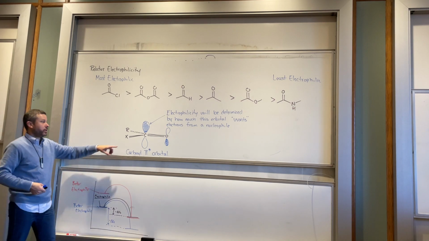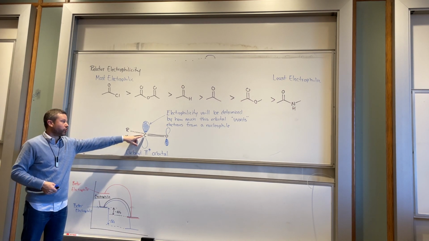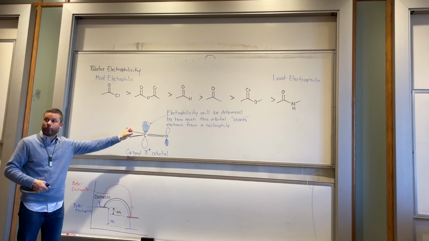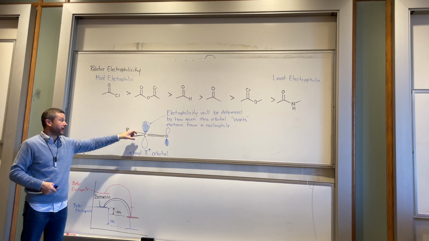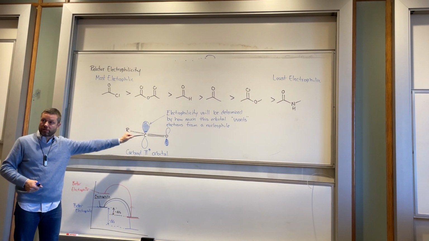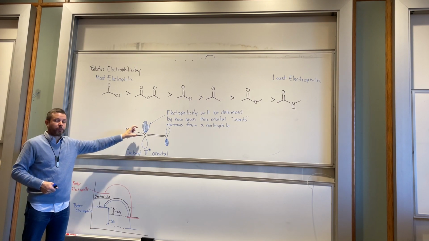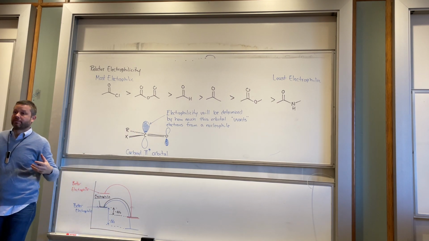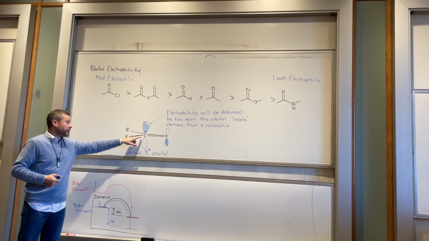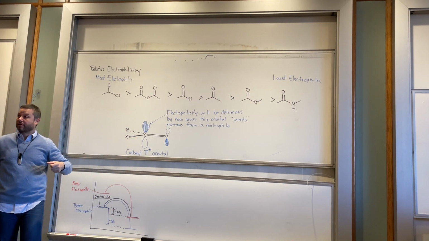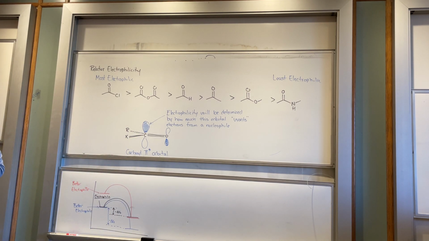If this pi star orbital is really electron deficient, wants electrons from an outside nucleophile really badly, it's going to be a strong electrophile. If that orbital is fairly content, can get some of that electron density from inside the molecule, then it's not going to be as strong of an electrophile.